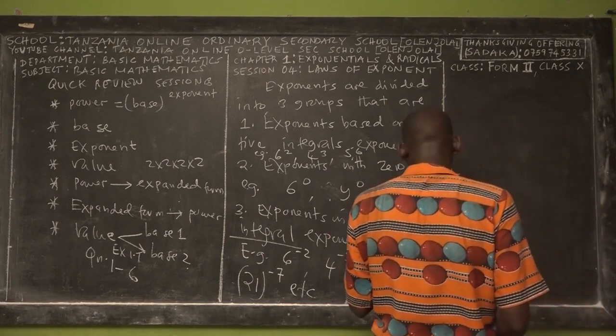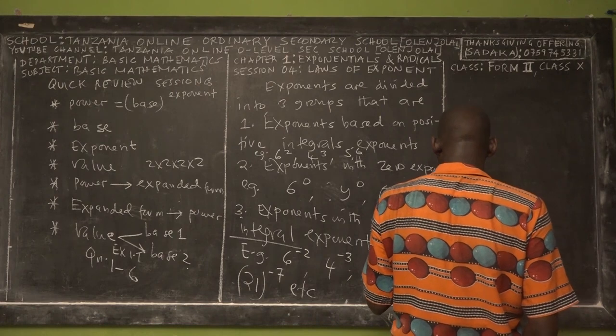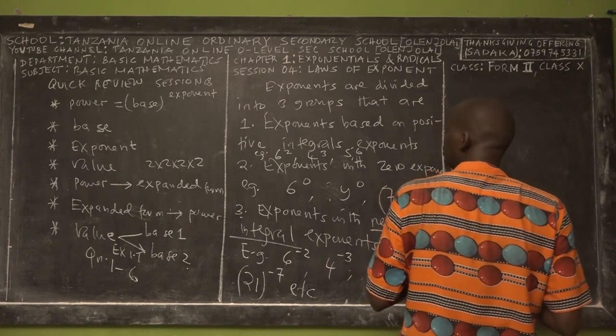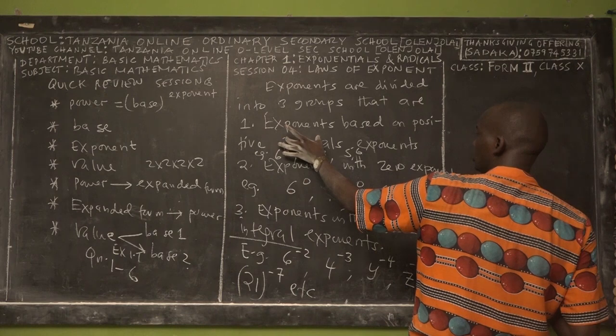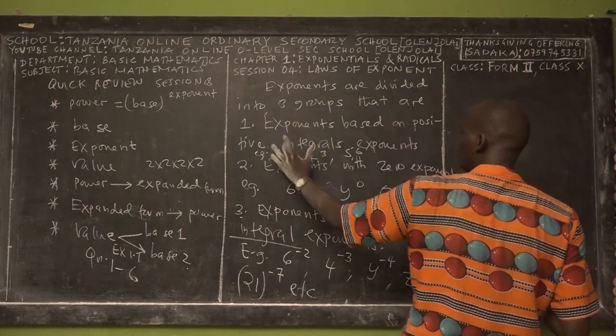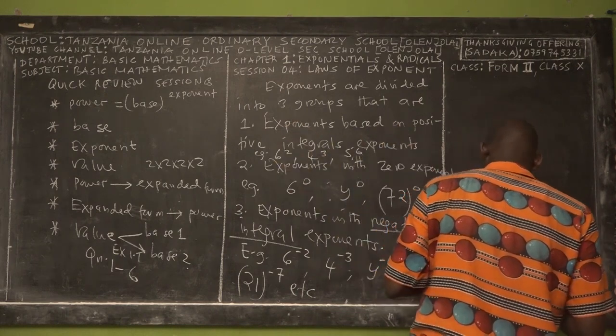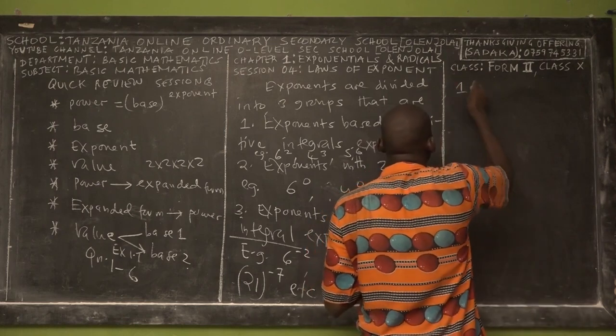So we can start with multiplication and division of positive integral exponents. Let us start with the first category, exponents with positive integrals.